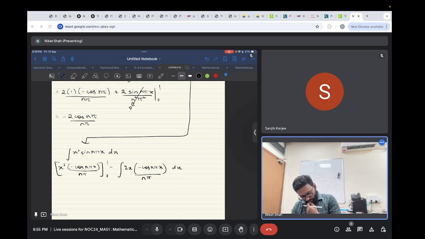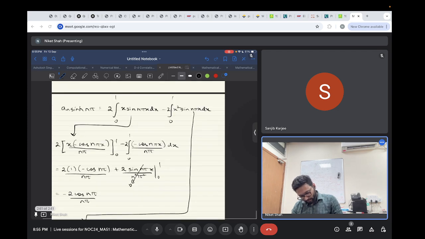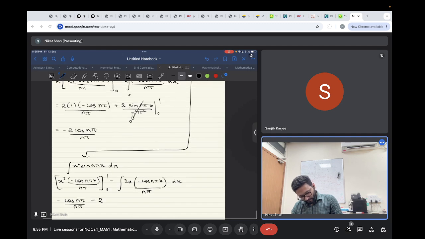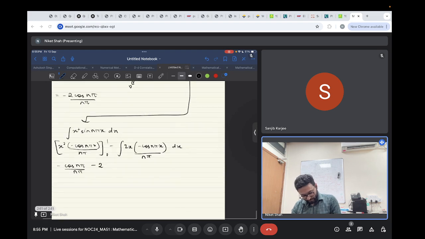So here when I put in 1, I get minus cos(n pi) divided by n pi. 0 gives me 0, but 1 gives me this again. Then minus, so it's 2x, but this is cos(n pi x), there's a difference, minus 2 upon n pi.